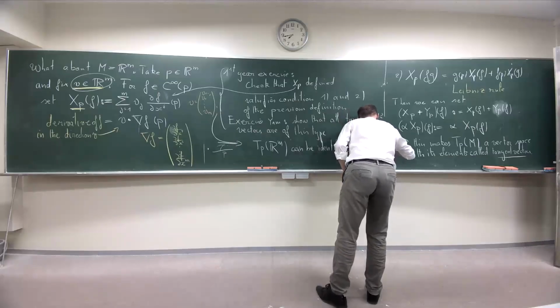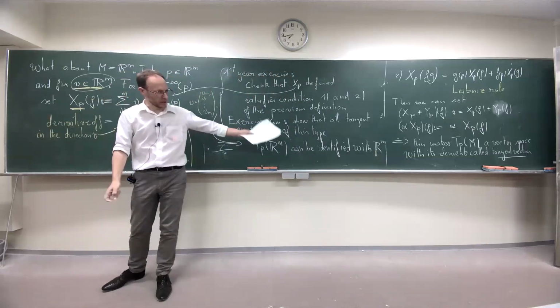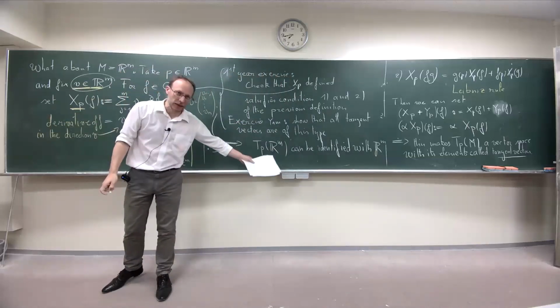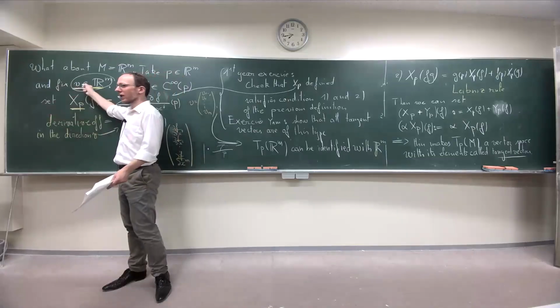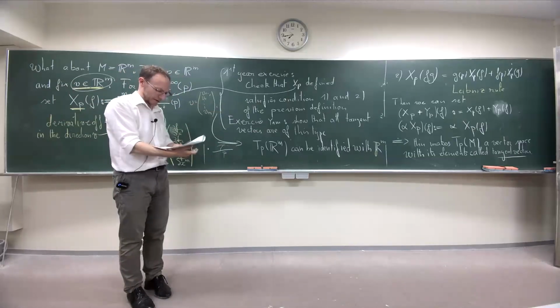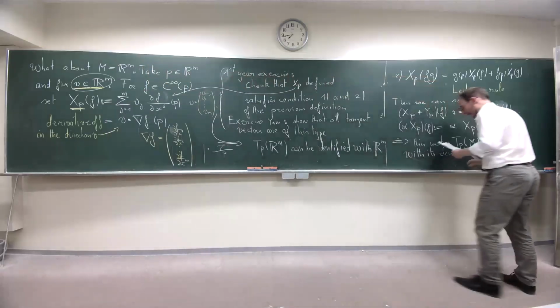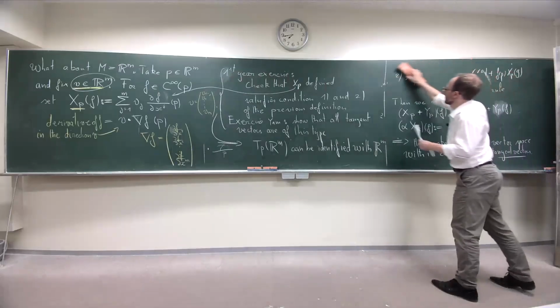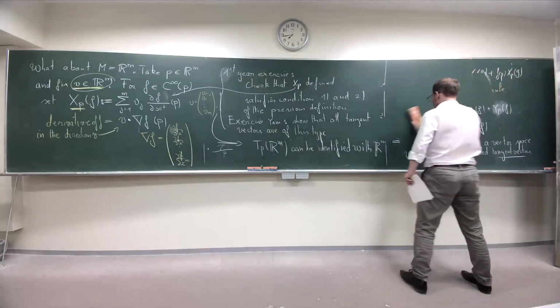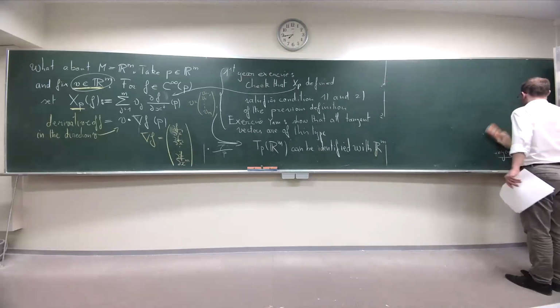R^m. Why? Because for any v, you get a tangent vector. For any tangent vector, you associate a v. Tangent vector in the sense I've given. Okay. And now there is one thing which the first time you see is quite disturbing.